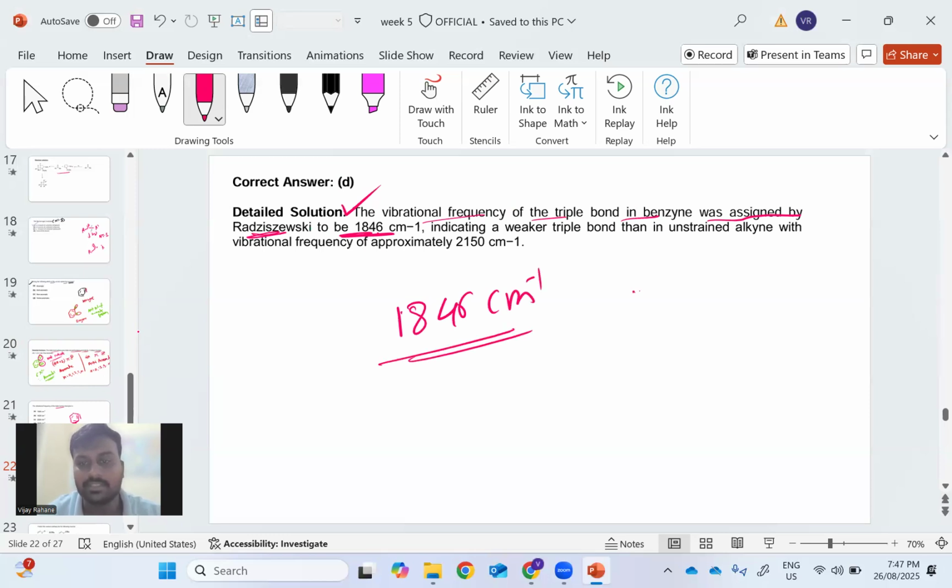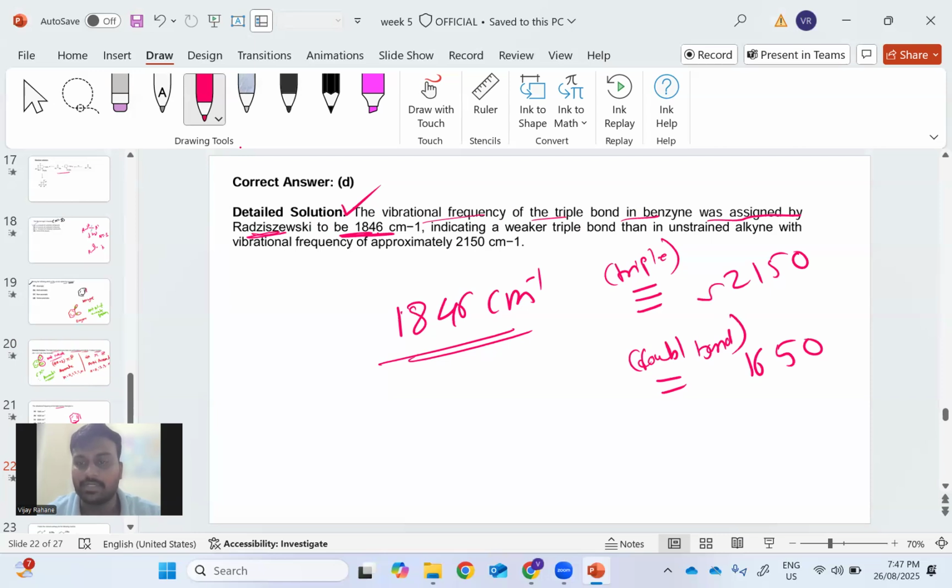For a triple bond it will be about 2150, and for a double bond, if you remember, 1650. This is for the triple bond, and this is the double bond. This is just approximate that I have written, not exact, right?